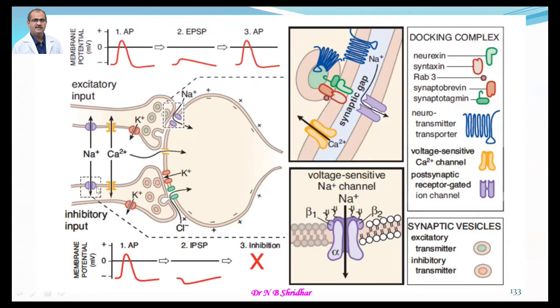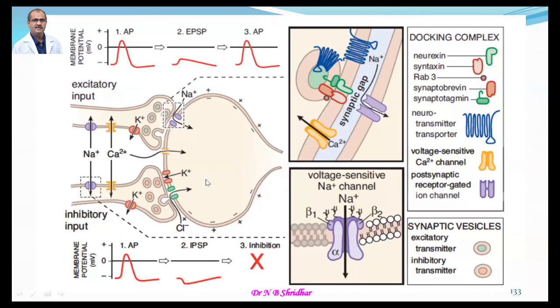Whereas the inhibitory input is obtained by the movement of potassium and chloride. Chloride ions are coming inside, and potassium ions are going outside.